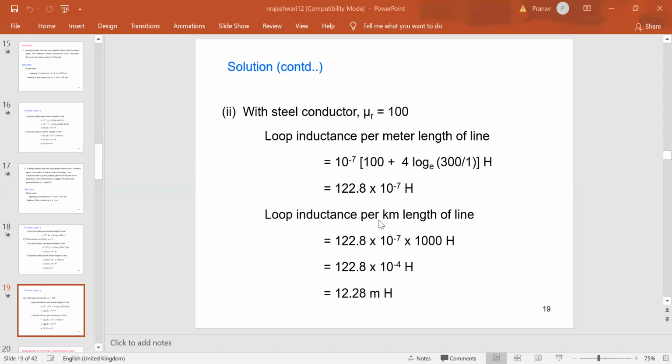The loop inductance per kilometer length of the line will be 122.8 into 10 to the power of minus 7 into 1000, which is equal to 122.8 into 10 to the power of minus 4 henries, or 12.28 millihenries. So these are the answers with steel as a conductor, the loop inductance per meter length and per kilometer length of the line.